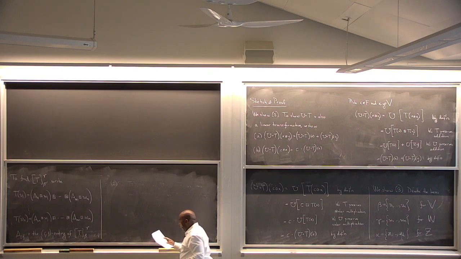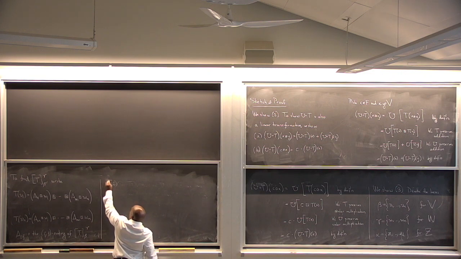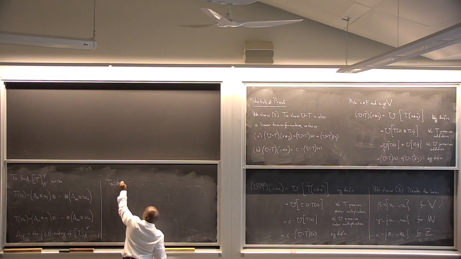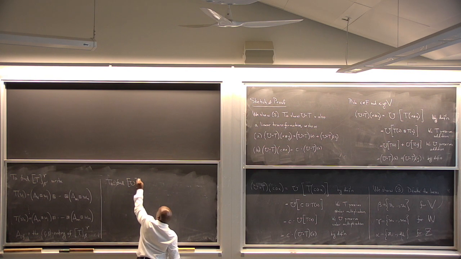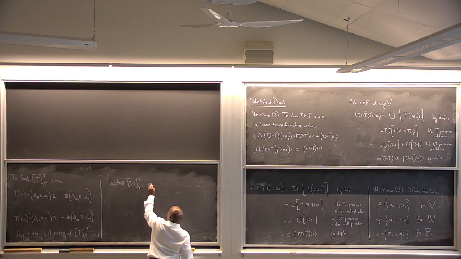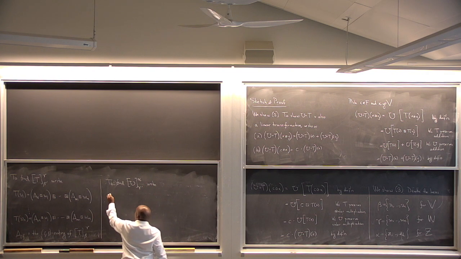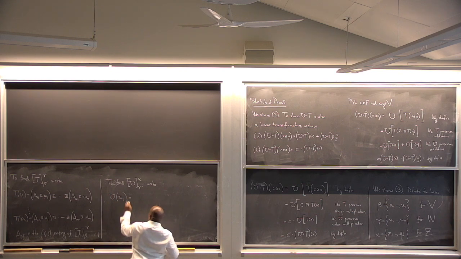Now we could do the same thing here for U. So to find this U gamma alpha, let's ask what happens when I apply U to each of these W's.